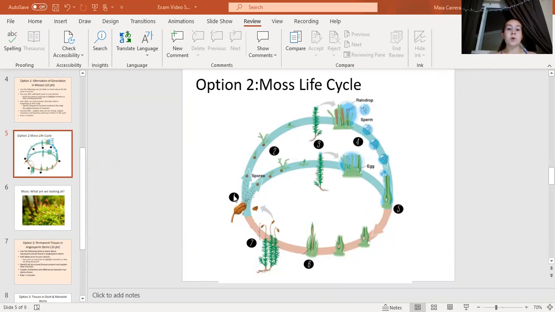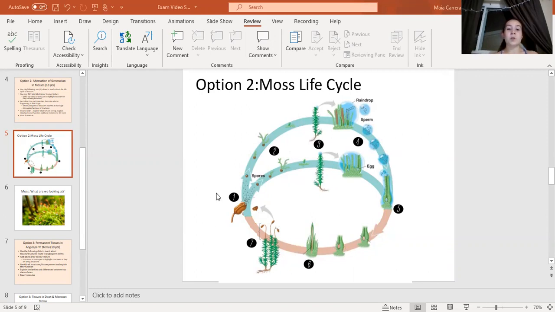But first, I'm going to do a quick rundown of why these two parts are different colors. As you can see here, this is blue. This is where we're going to start, and this is because these cells here are considered haploid, while the cells down here are diploid.